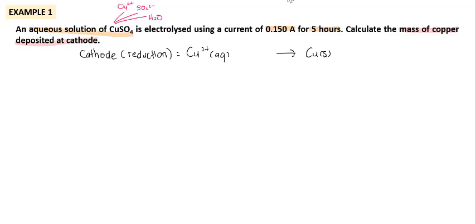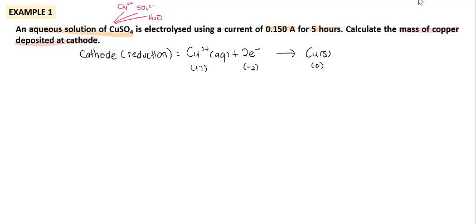By doing so, copper 2 plus will gain 2 moles of electrons. Since here we have positive 2 charge and here we have 0 charge, we need 2 electrons to give us negative 2 charge so that both sides of our half cell reaction have the same charge.